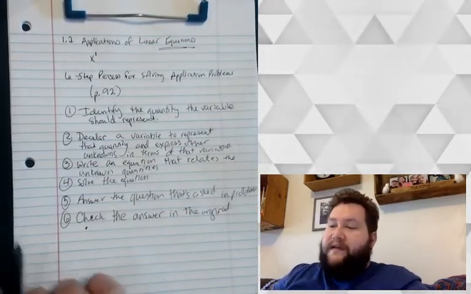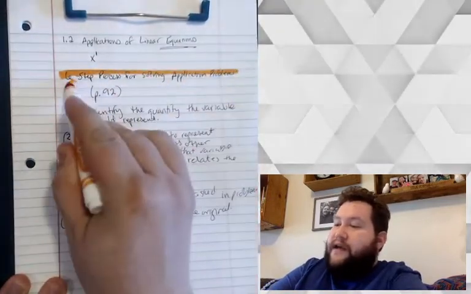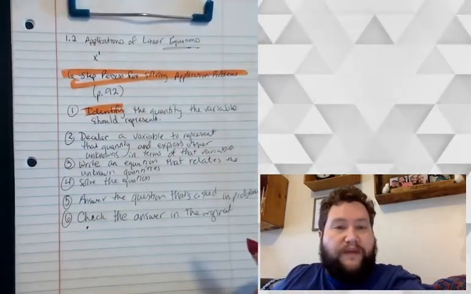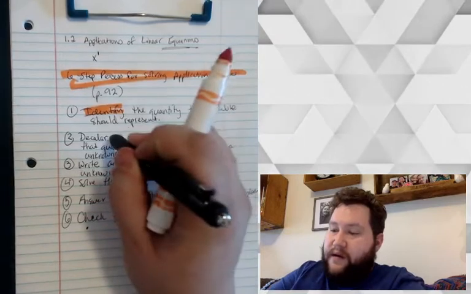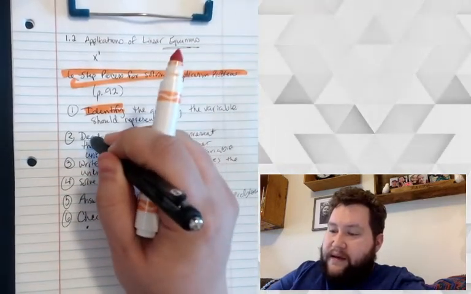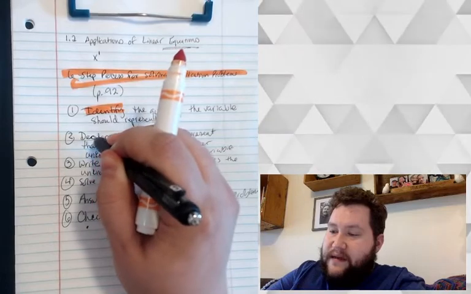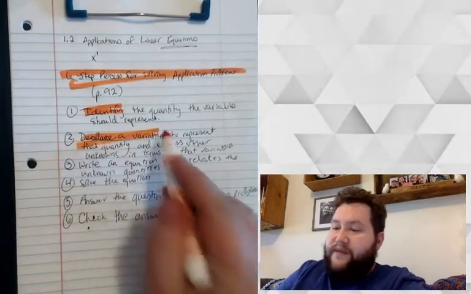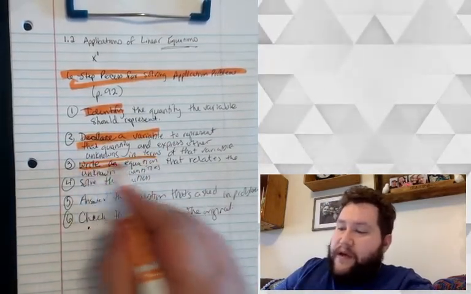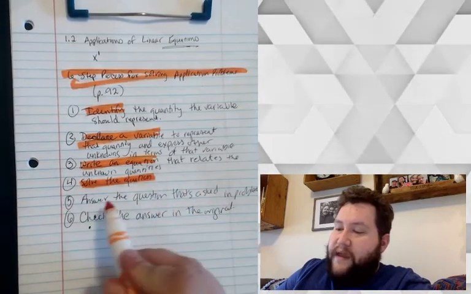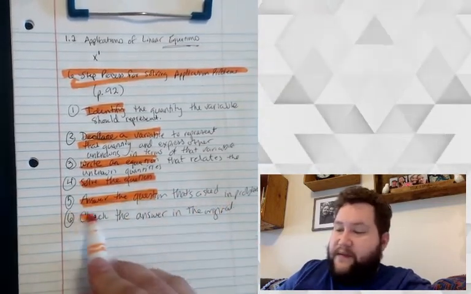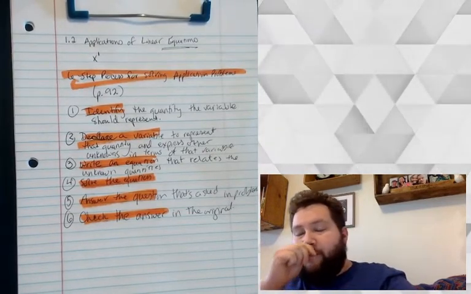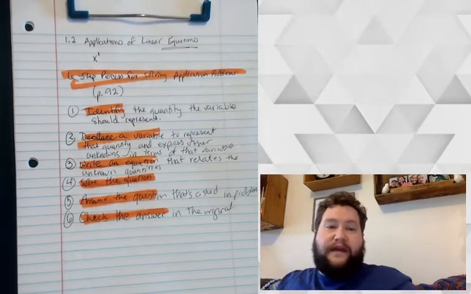So our 6-step process for solving application problems: first identify what we should represent with a variable, then declare a variable to represent that unknown. We're going to write an equation, solve it, make sure we answer the question that's asked, and then check our answer. These are the steps we're going to use in the next several examples.